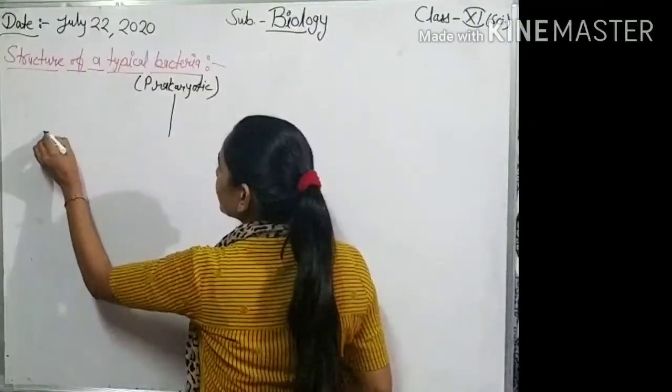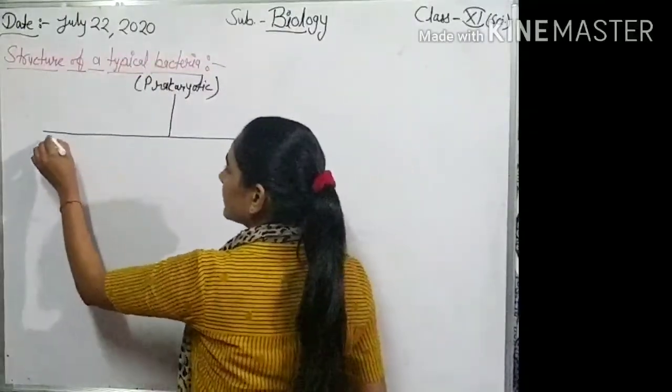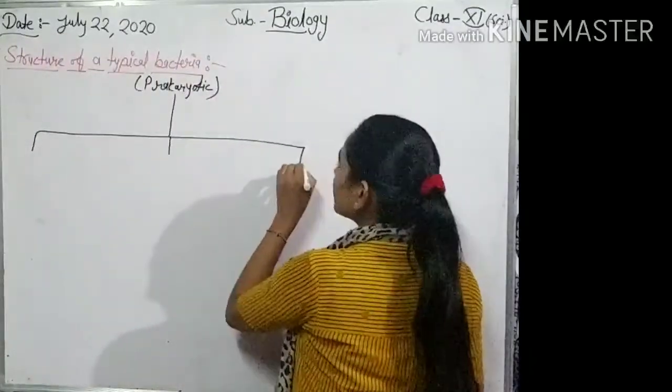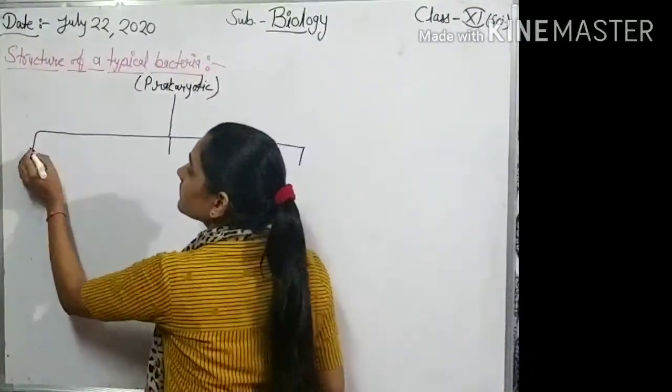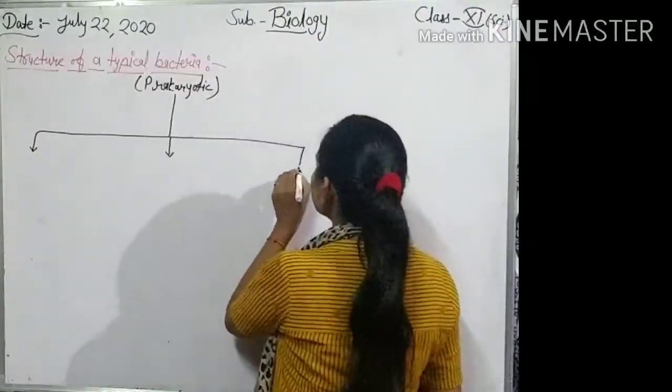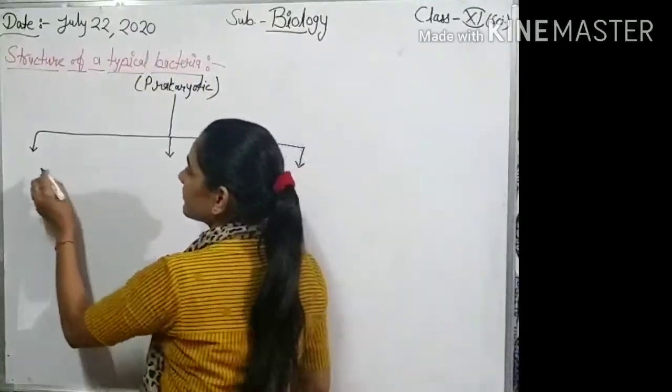So in bacterial structure, the following components are present.